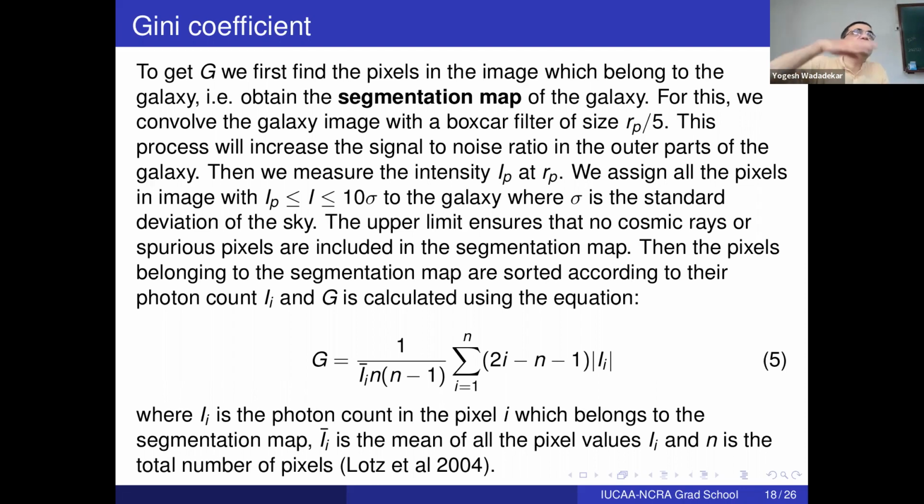So if it's more than 10 sigma above the sky background, that indicates to you that this is unlikely to be a random fluctuation in the sky background measurement, because the probability of getting a 10 sigma fluctuation in a Gaussian distribution is very, very small. So that's the idea. The upper limit ensures that no cosmic rays or spurious pixels are included in the segmentation map. Okay.